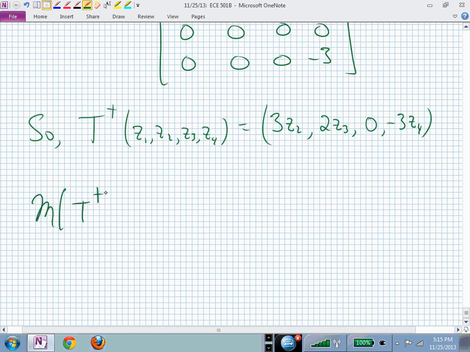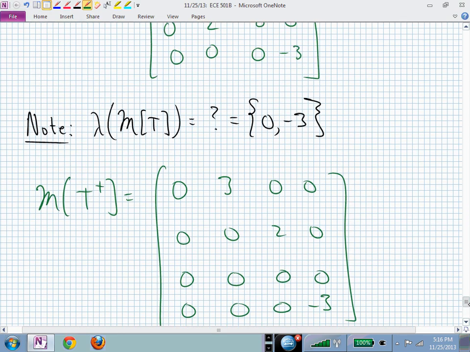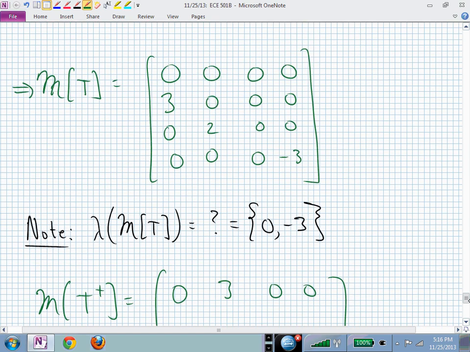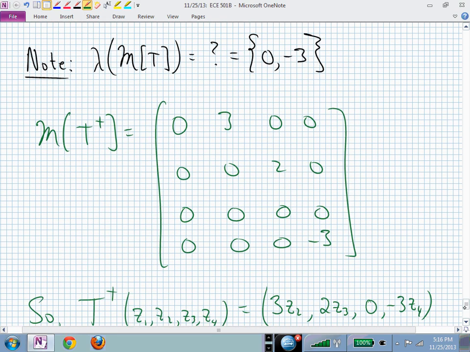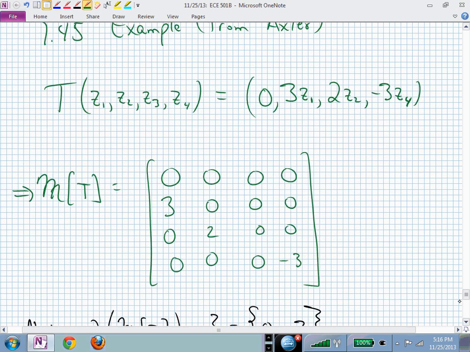Now, if I take this and multiply it by that, I'm going to actually obtain the matrix representation of T dagger T. So now if I take T dagger, I'm going to say, oh, take this 3 times the second row of T. And that'll be my first row of T dagger T. So I now scale that second row by 3.